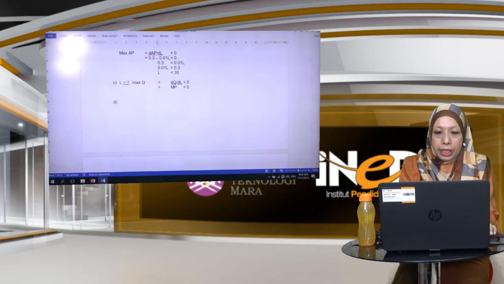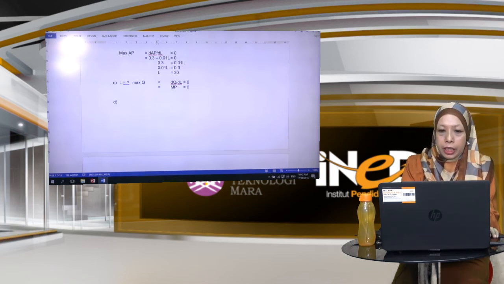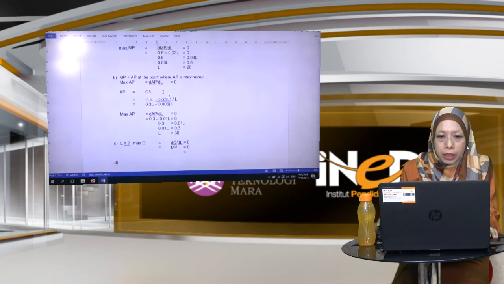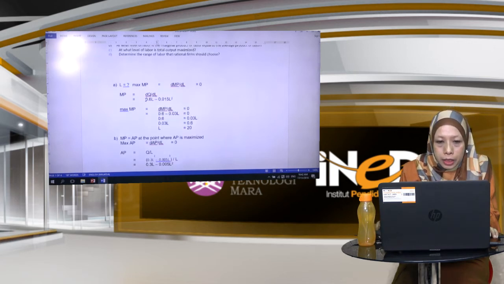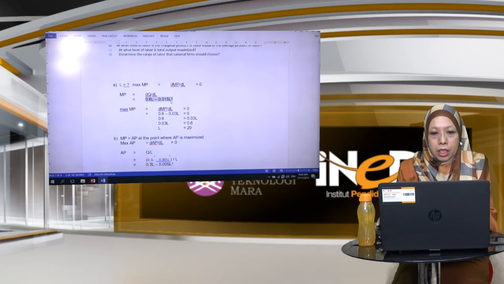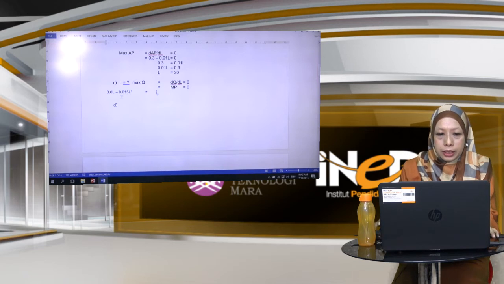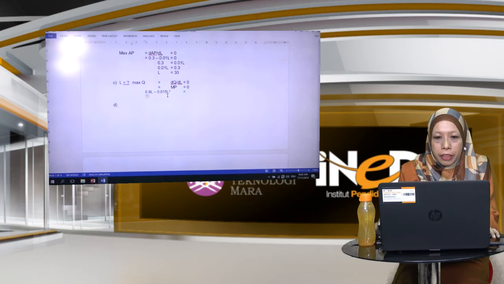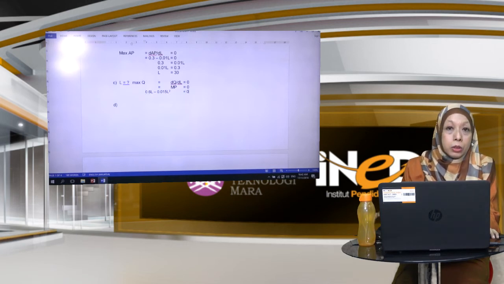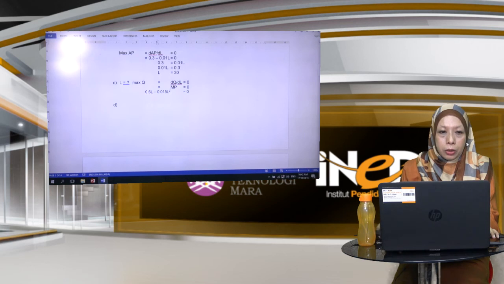Now you have already derived the marginal product function, so let us just copy this down. Your marginal product function being 0.6L minus 0.015L squared, and this value should be equal to 0.